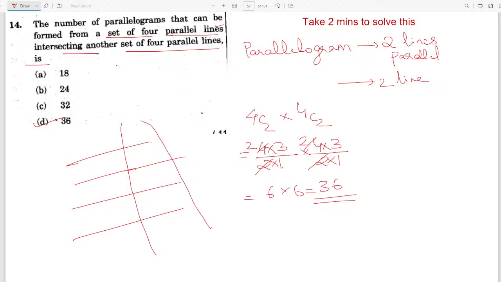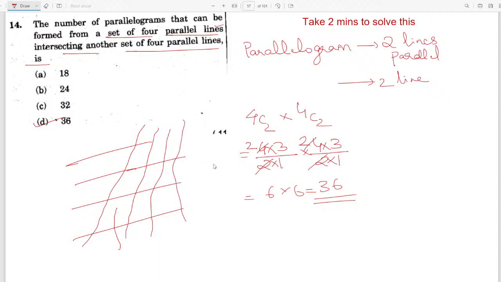I'm sorry, this doesn't look parallel, but if I draw a parallel line like this, 1, 2, this is 3, and this is 4.